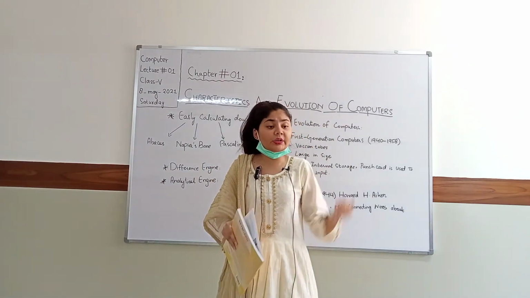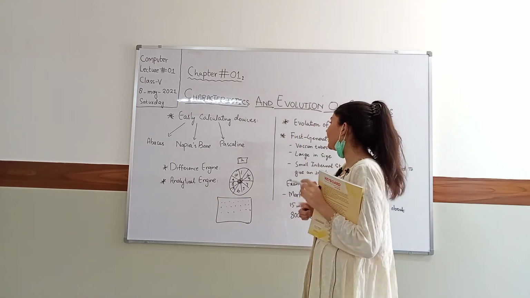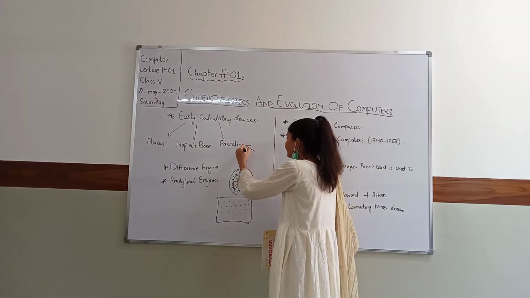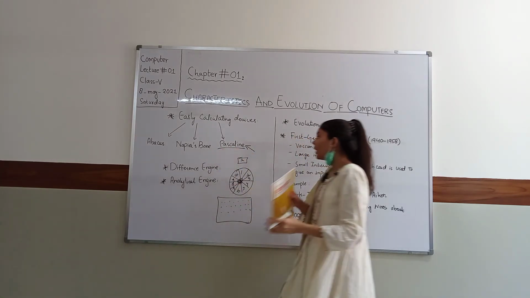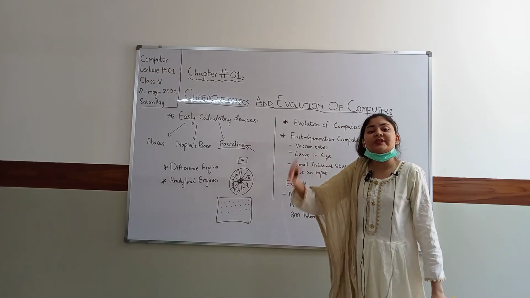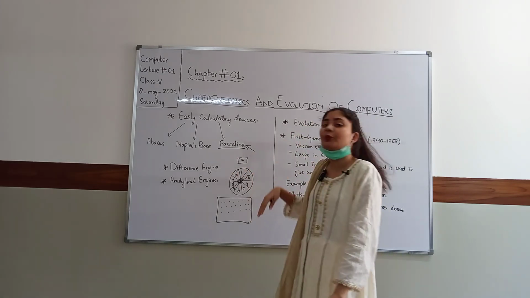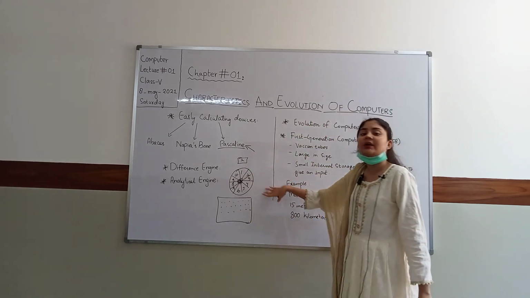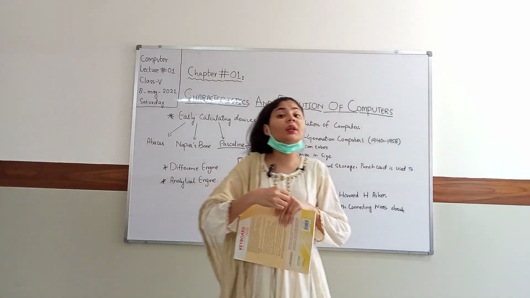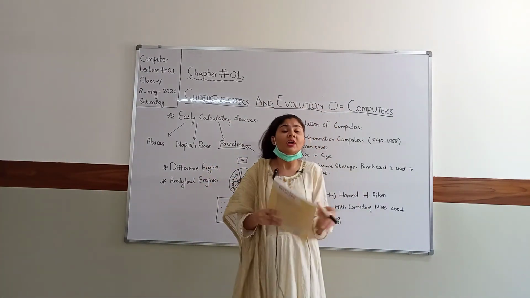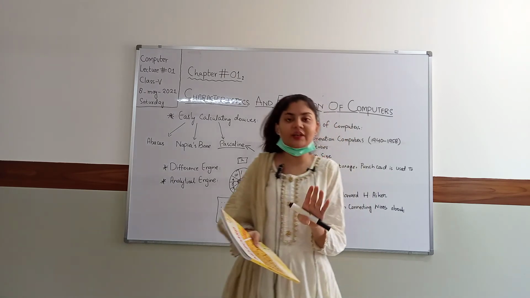But today we only click. Suppose I click on Pascaline, it will process in milliseconds and give me the output, this is how the Pascaline looks, and all the information about it. But at that time we didn't have such fast technology.